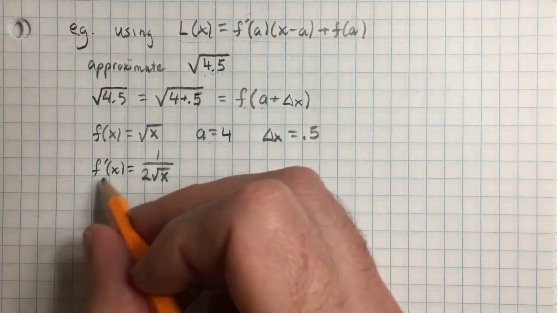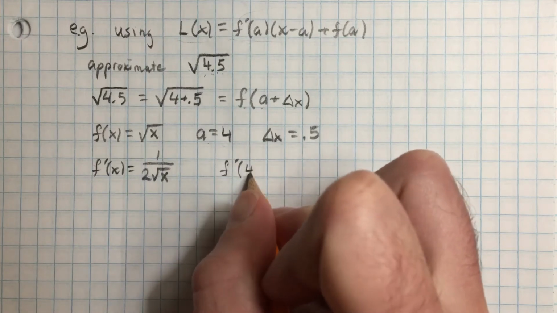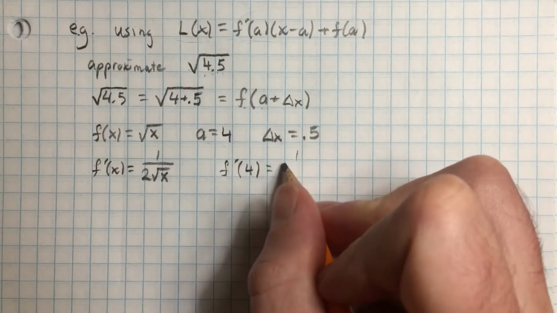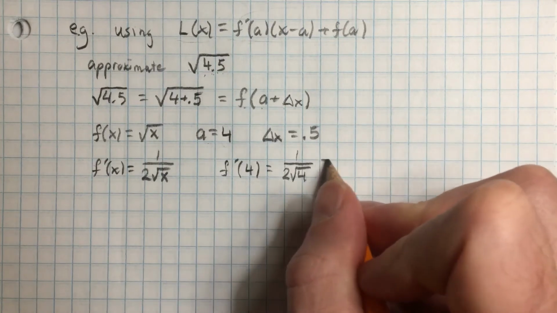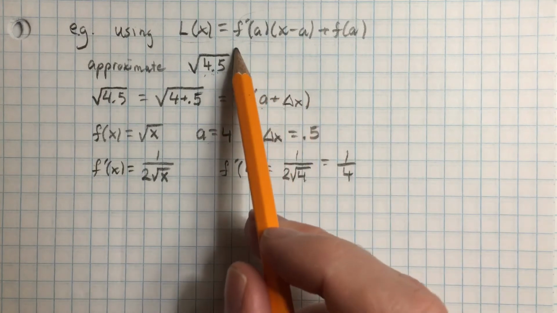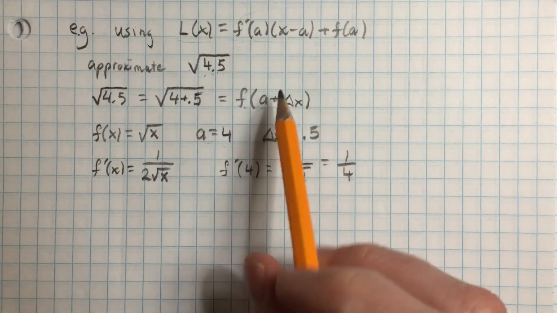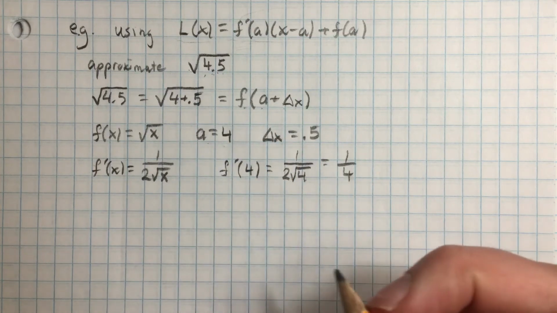And I want to know that at x equals a. So f prime at 4 should be 1 over 2 the root of 4. This looks like 1/4. All right, so there's this piece, right? There's the slope of our tangent line at a for this root function. So we have 1/4 here.